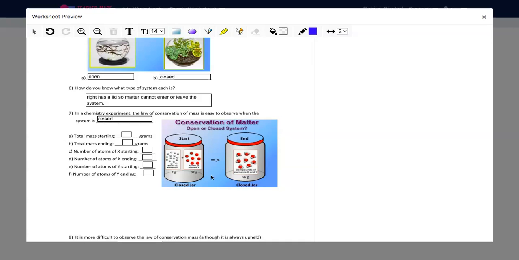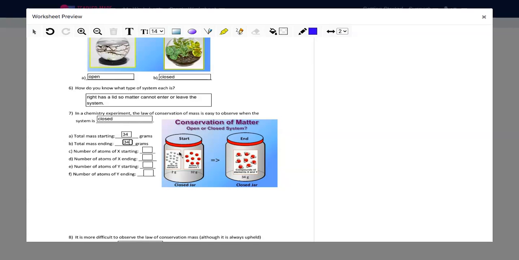Okay? And hopefully you can see that on the left-hand side, the total starting mass is 32 plus 2 is 34 grams. And then on the right, when these chemically react and form a new compound, the mass is 34 grams.